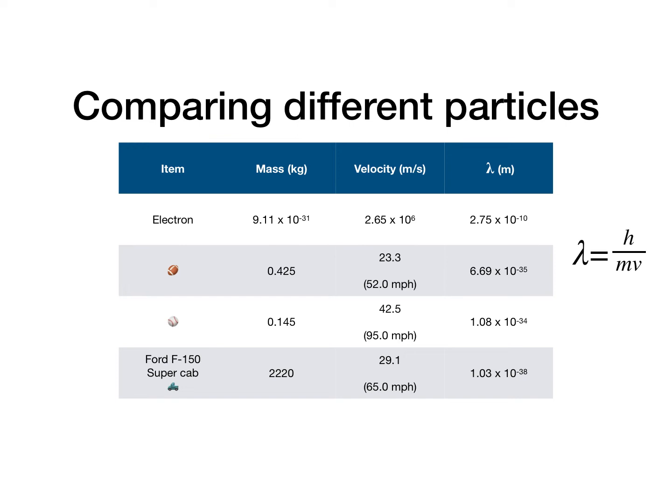If you were to plug it into de Broglie's equation, we have a wavelength of 2.75 times 10 to the negative 10 meters, which is roughly 2.75 angstroms. This is close to the atomic radius.